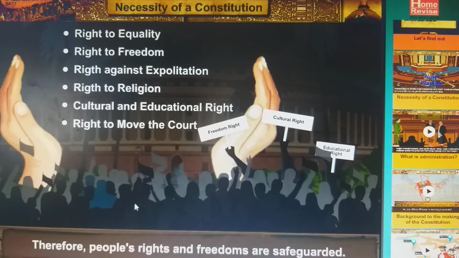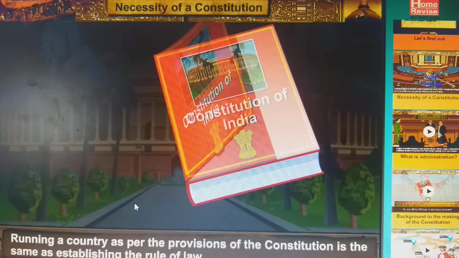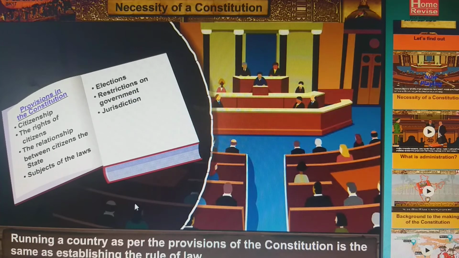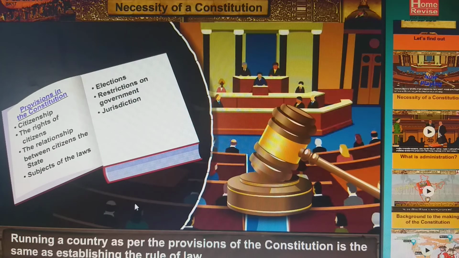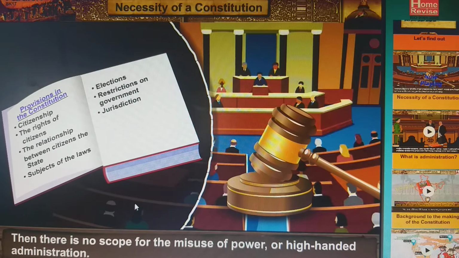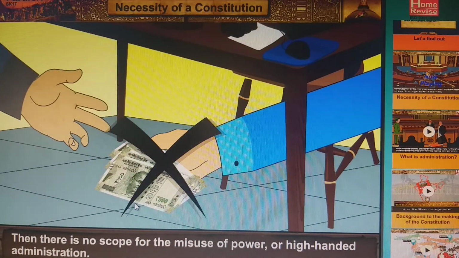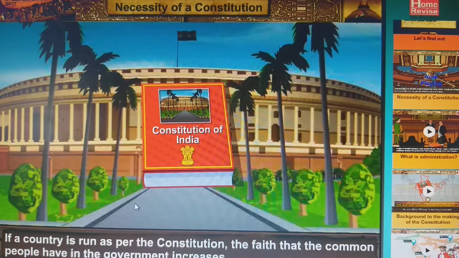People's rights and freedoms are safeguarded. A country has to be run according to the provisions in the constitution, so there is no chance of misuse of power or high-handedness.